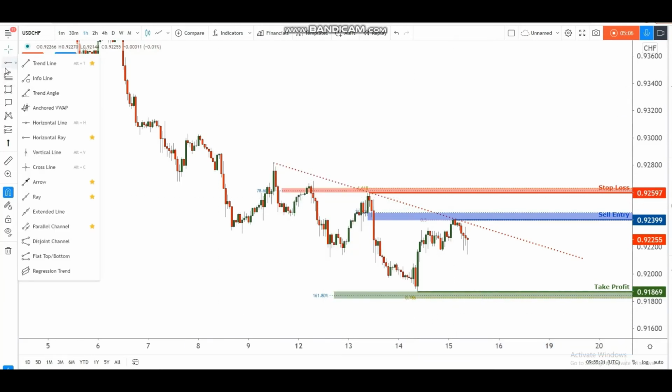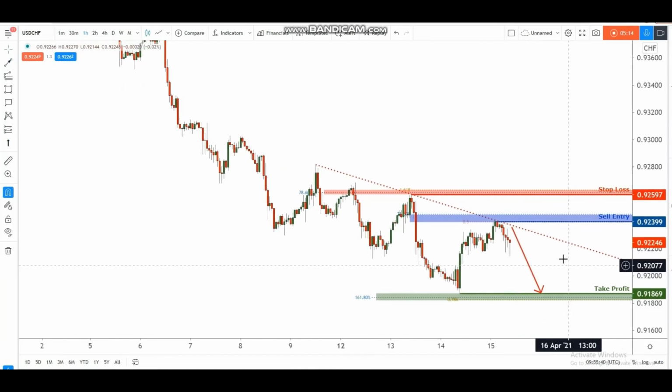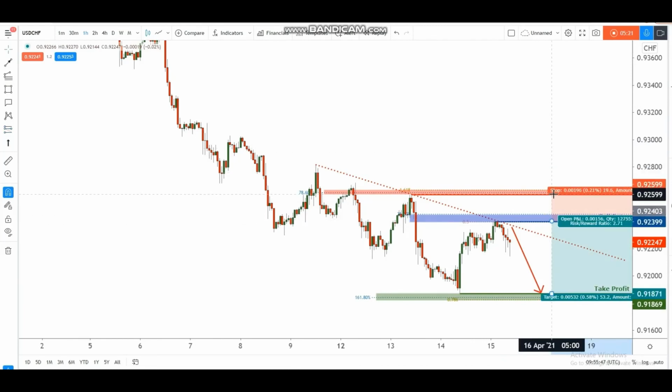My bias is that price is probably likely to push up a little more to our sell entry before pushing down to our take profit target. If I take a stop loss to take profit ratio, you can see that the risk to reward is about 2:2.5, which is very nice.